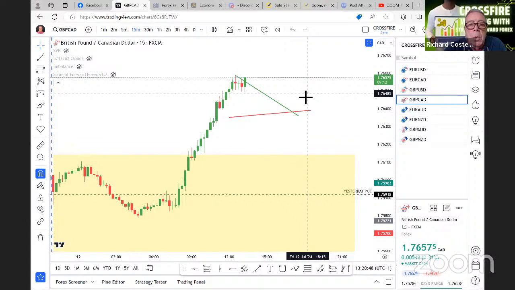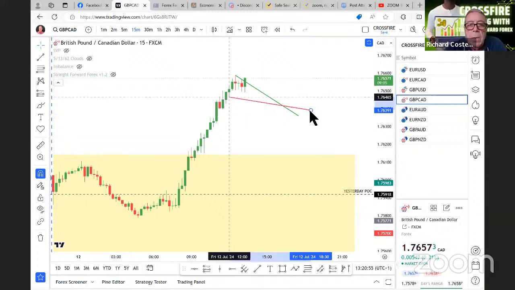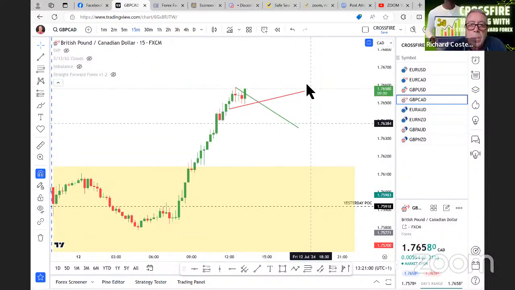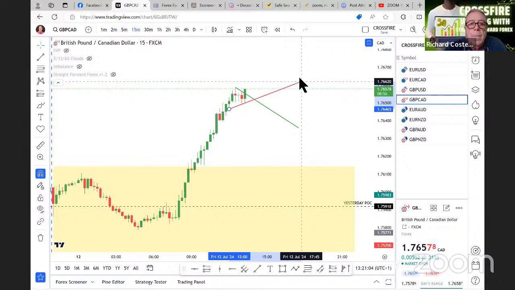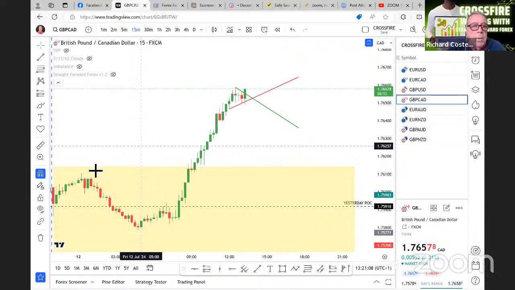And I look at the bottom of the 1 o'clock. That one there is slightly lower. Okay, so that's all 4 pairs marked up on the 15-minute chart.